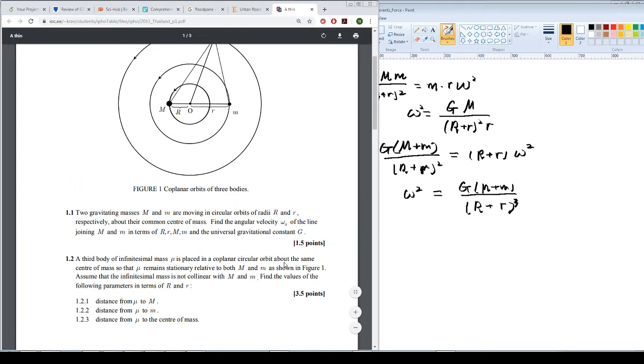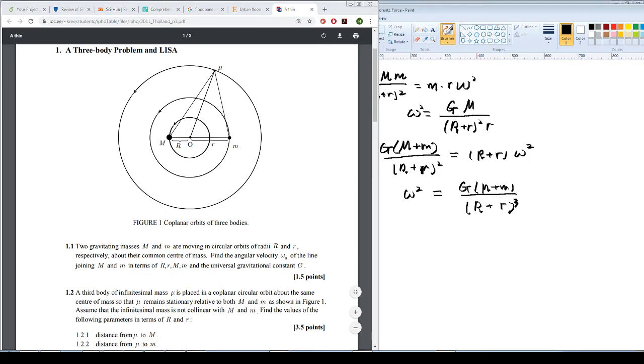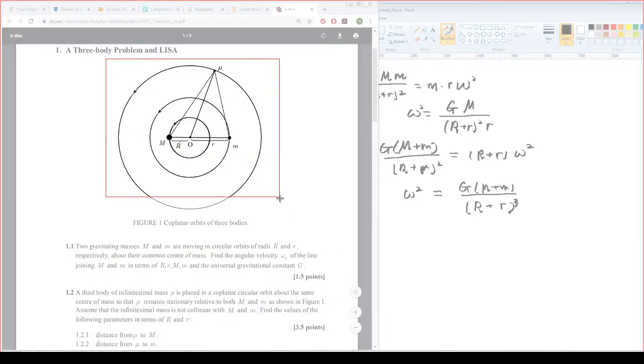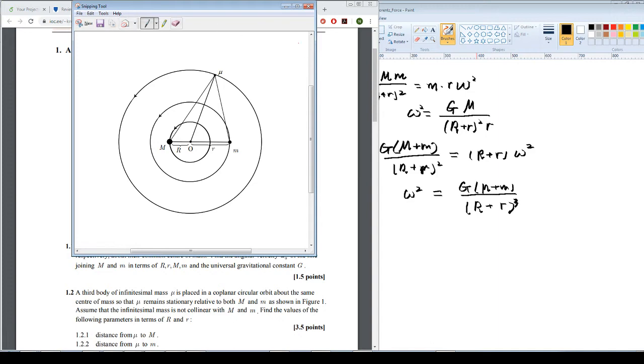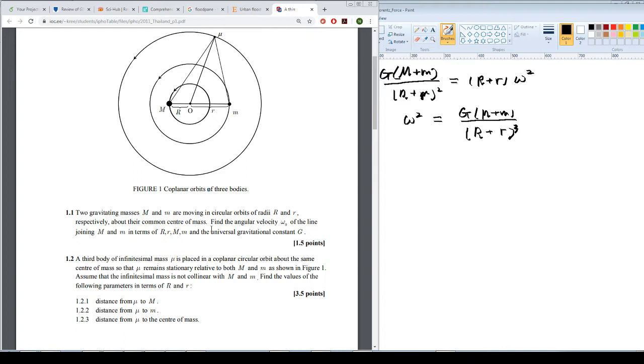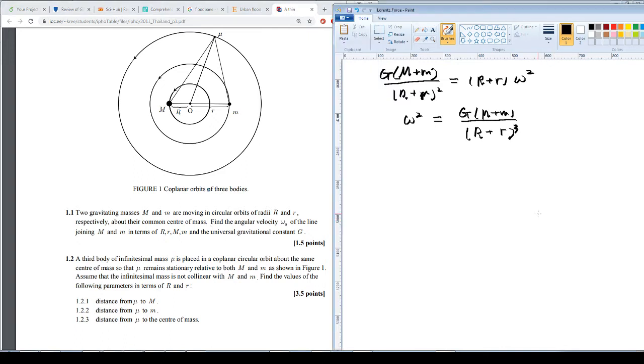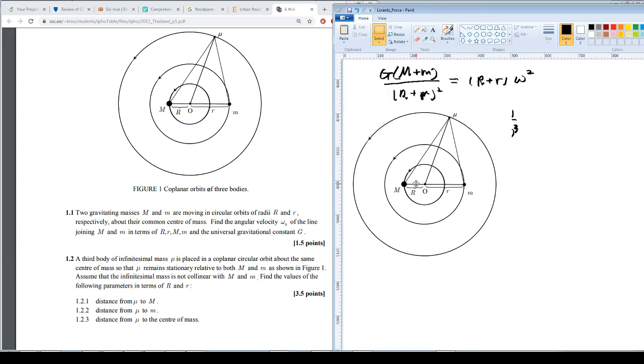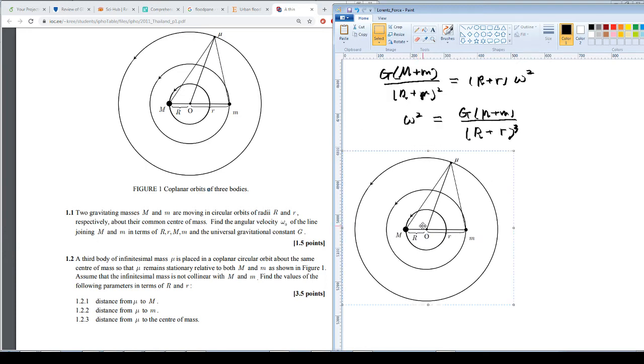Okay, I think I need to copy this picture. In astrophysics, mu is called a Lagrange point.